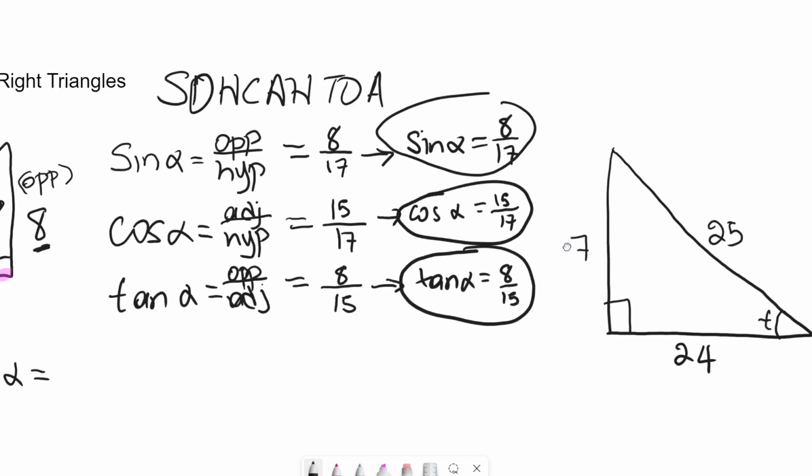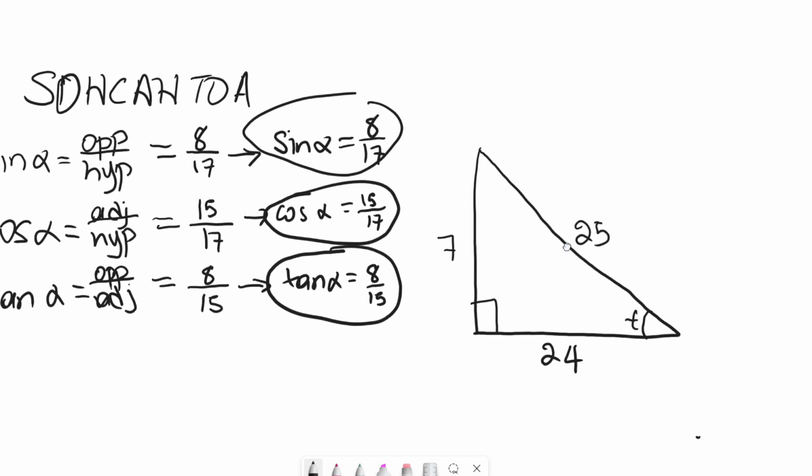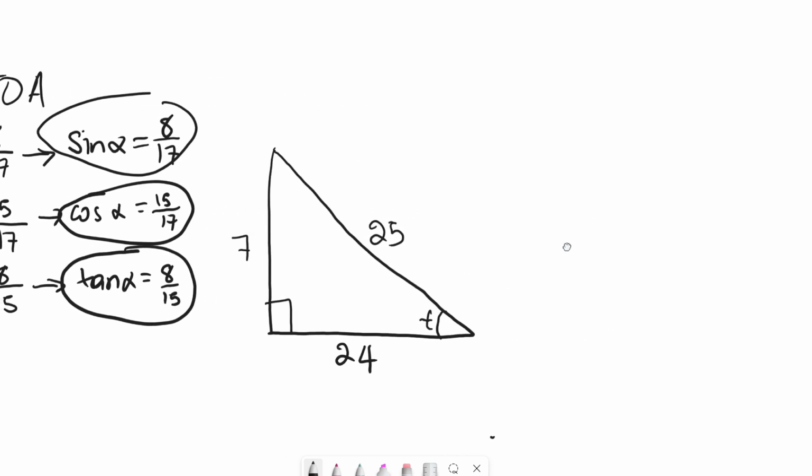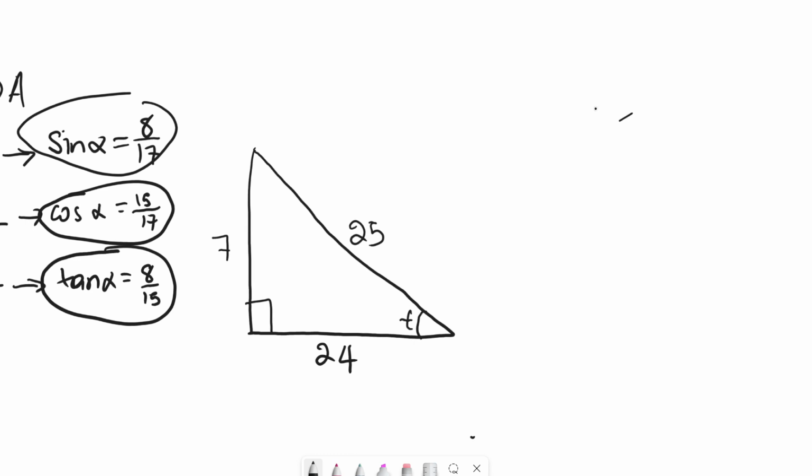Okay, let's look at another example. For this one, let's say we are asked to find, again, sine of, in this case, our angle t. Now recall, sine is going to be opposite.